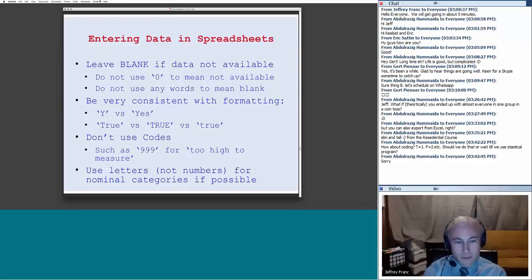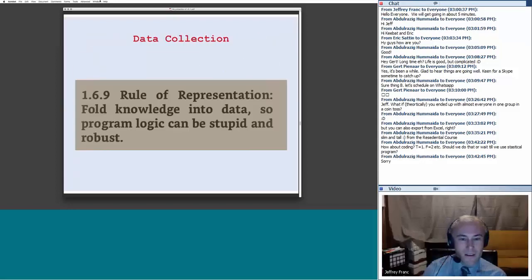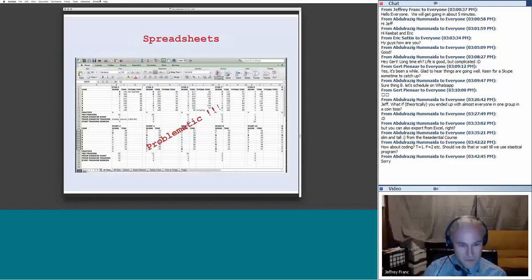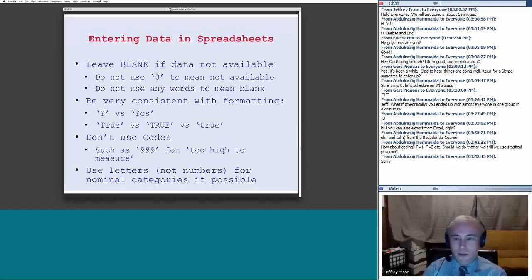Yes, you absolutely can. But the chance of making an error somewhere along the line is amplified. Why? Because if you go back here, we are going to then have to rely on our program logic, right, instead of relying on our data. Okay? So if you put true and false, then no one else can make a mistake on that. You don't have to explain it.